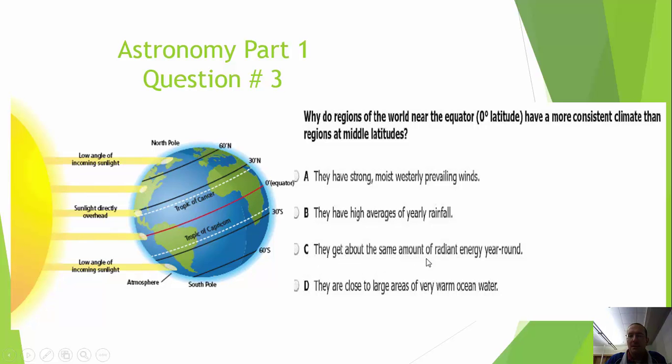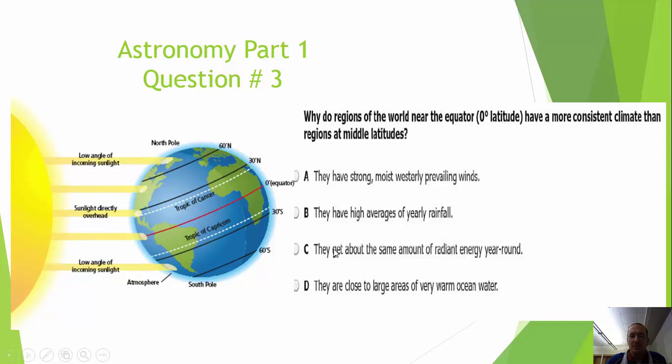They get about the same amount of radiant energy year-round. Radiant would be radiation from the sun, so that sounds pretty good. Let's finish with D. They are close to large areas of very warm ocean water. Yes, but that's not going to cause this to be extremely consistent the entire time. The ocean will change the temperature, but that's not going to affect climates overall.